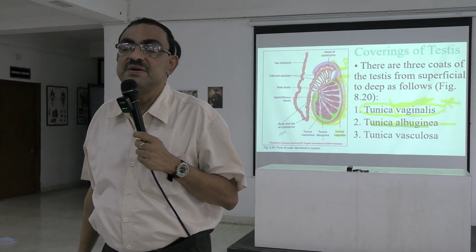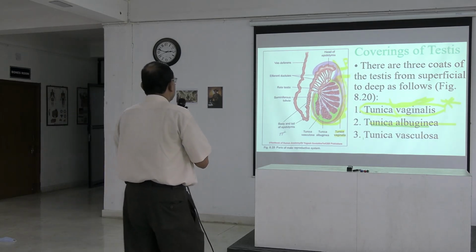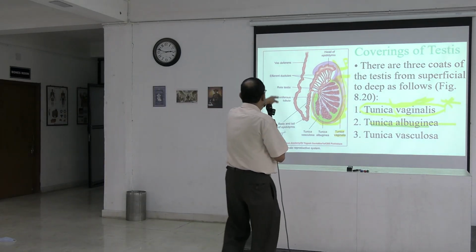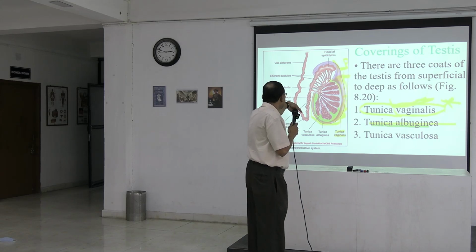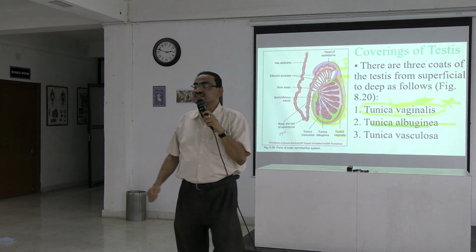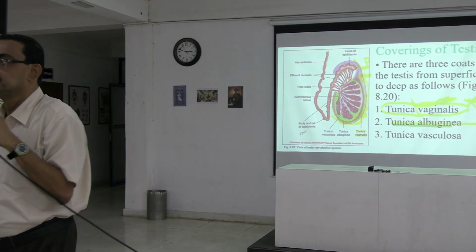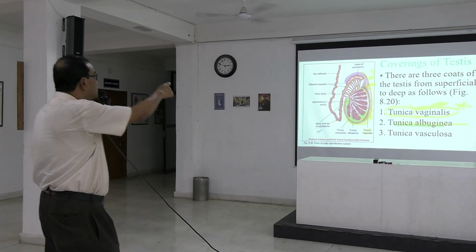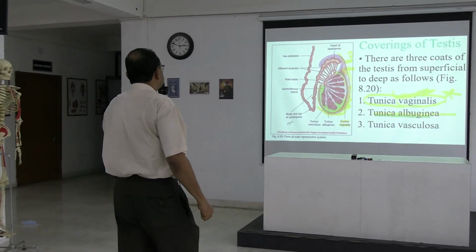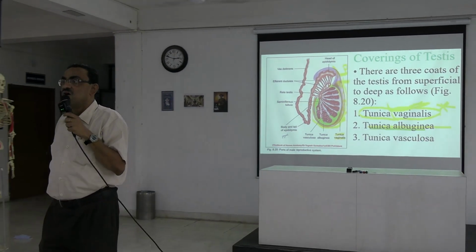From that partition there are several sub-partitions coming towards the anterior part of the testis and dividing the testis into several lobes or lobules.